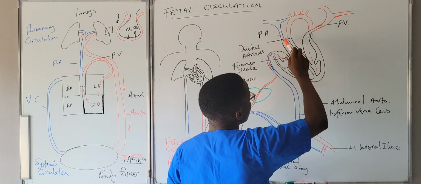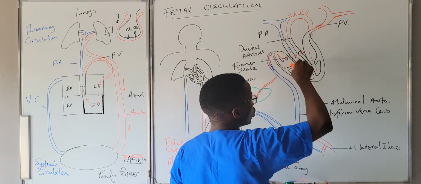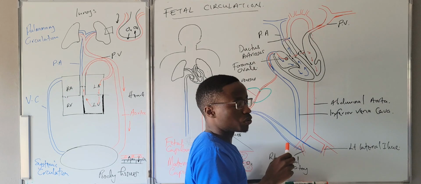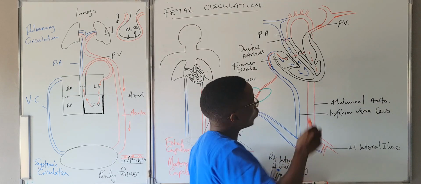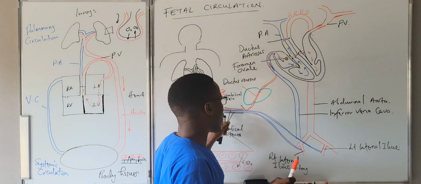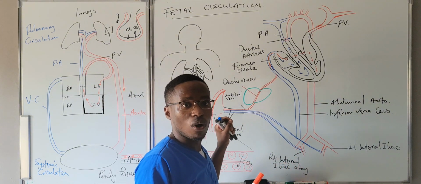Now remember again we said that this blood, which is deoxygenated, has nowhere to go. It won't go to the lungs for oxygenation. So it still has to find its way back into the placenta where oxygenation is occurring.